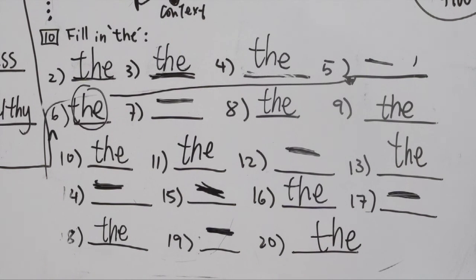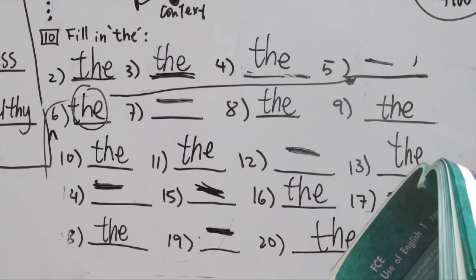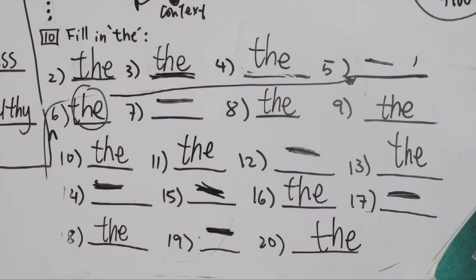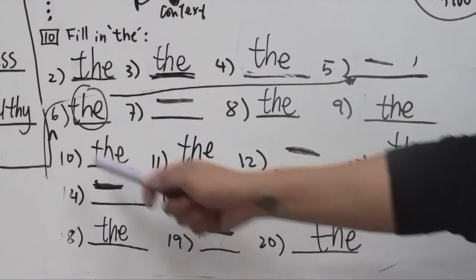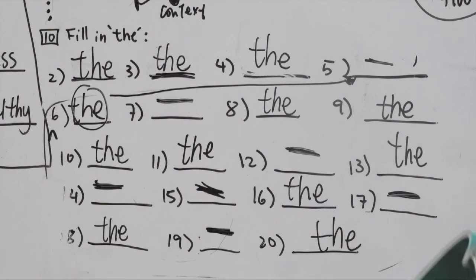So please check the answers. Number 2 should be the, right? The summer. Number 3 is the blind. Number 4, the states. Number 5, just airplane, okay? And then number 6, on the plane. Remember, we have a preposition, so we have to put the word the. All right, for this reference, we have to refer to it again. Number 7, Germans and Italians, so nothing. Number 8, the Netherlands, okay?